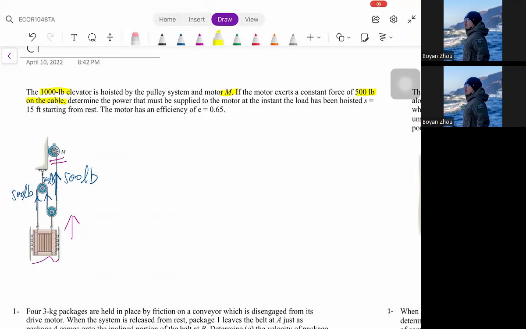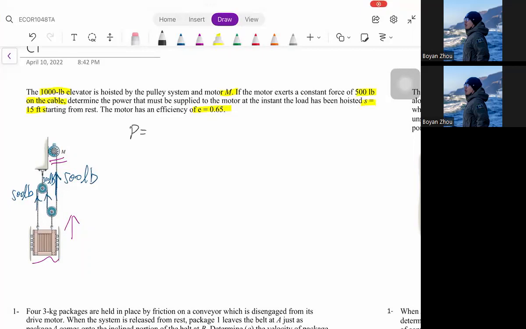And we have the efficiency of the motor, and we're going to ask what the power of the motor is when the displacement of the elevator is 15 feet. So let's first take a look at the equation for power.